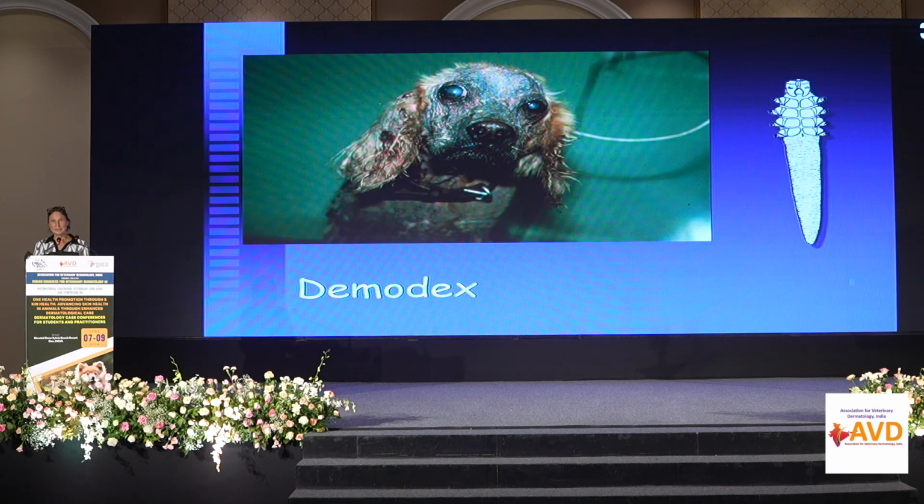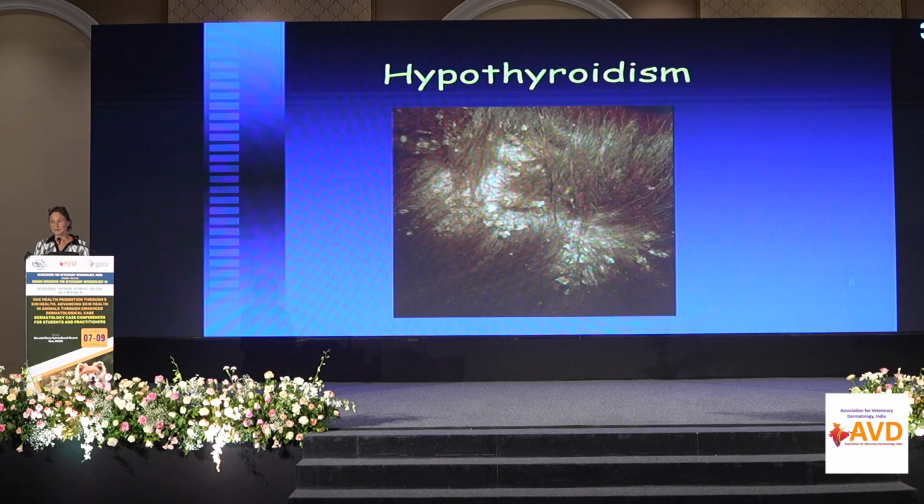Always look for Demodex, whether it's juvenile onset or adult onset. And if it's adult onset, always look for an underlying trigger for why that animal has now developed demodicosis. Dr. Torres talked about hypothyroidism.